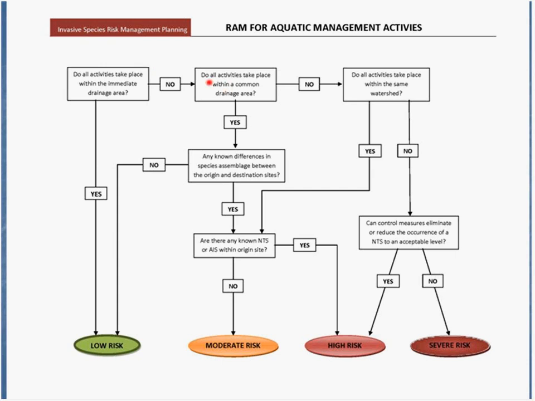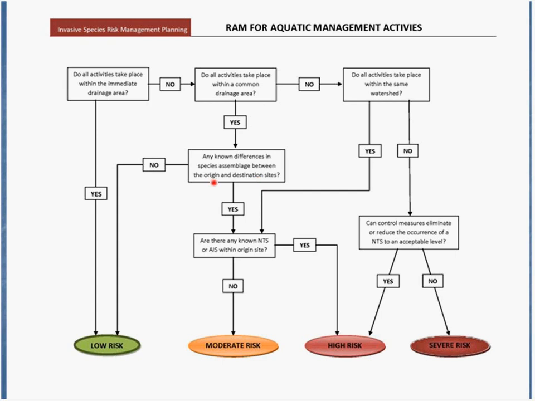So then, do activities take place within a common drainage area? Yes, the common drainage area would be the Stanislaus River as a whole, right? So they do take place in a common drainage area. Okay. So, any difference in species assemblages between origin and destination?